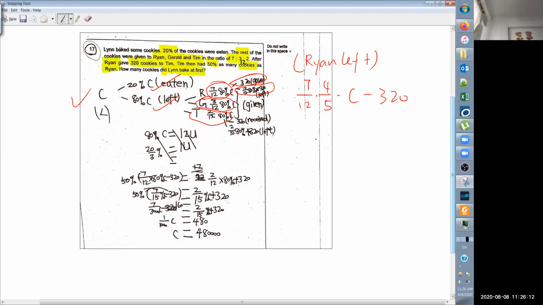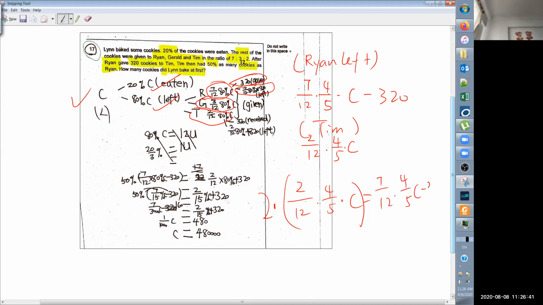So Tim is this one, right? Okay. Then he says Tim has 50%, so this times 2, so this whole thing times 2. That will be Ryan's left, right? Okay, so what you do is, this is 2, this is 6, this is 2, this is 3.